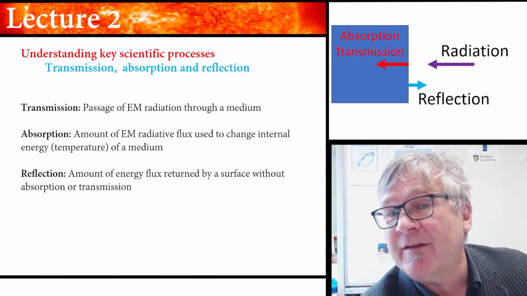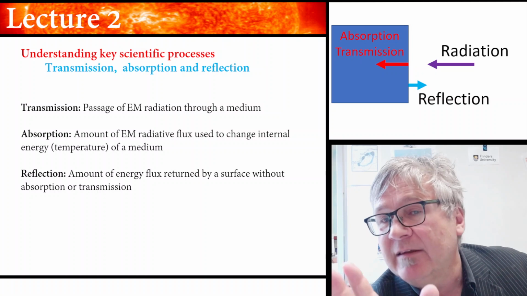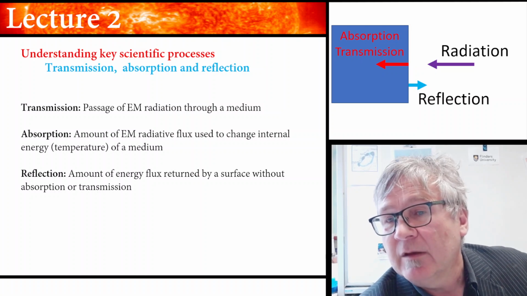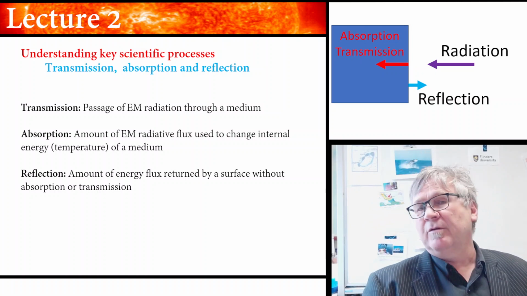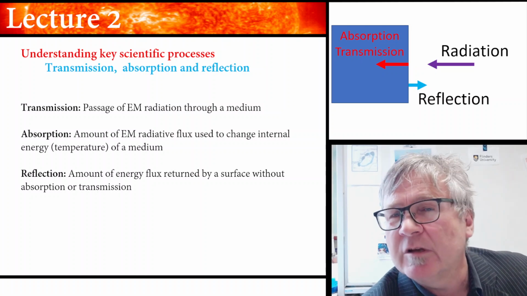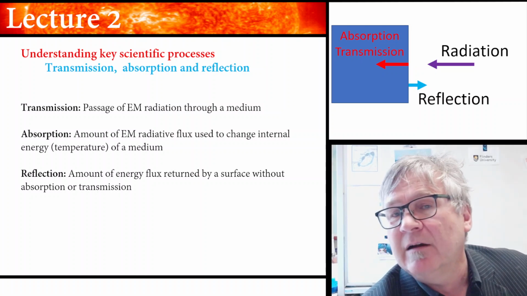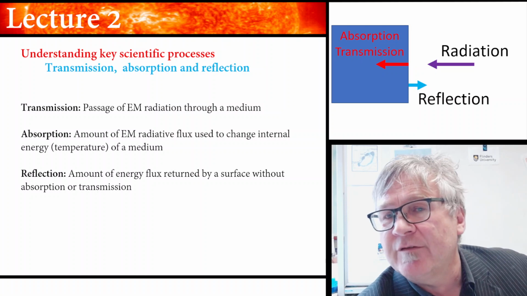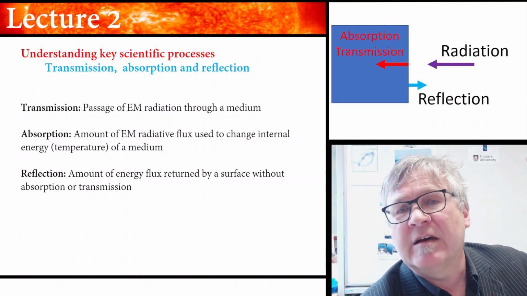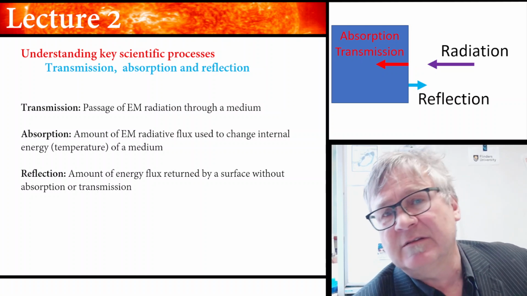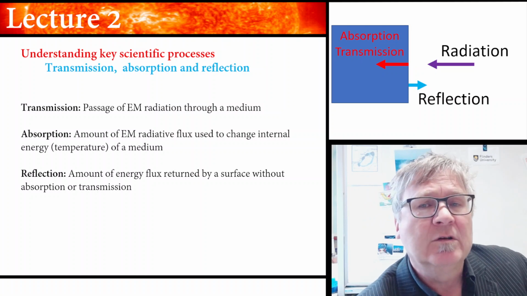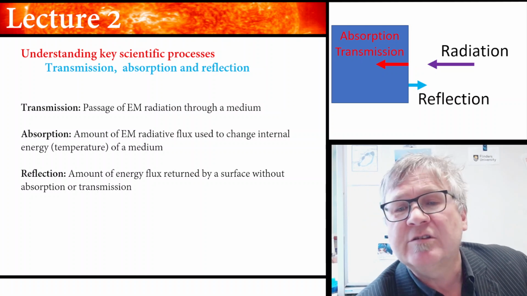If I say reflection, you should have an idea of what that means. So first of all, you think about, you have a medium. And what is a medium? You can have a gas layer, or you can have a surface of some substance, like the surface of the ocean, or the soil surface.